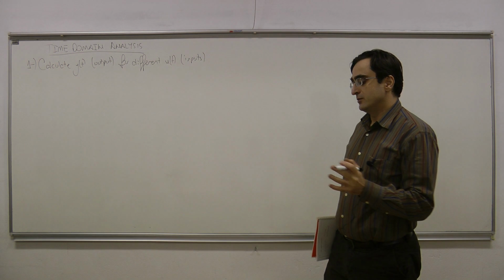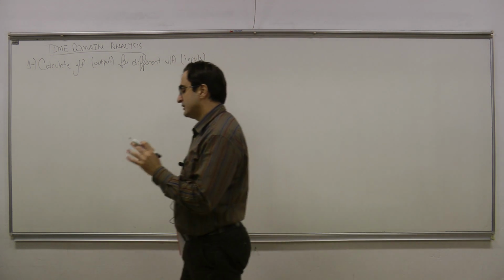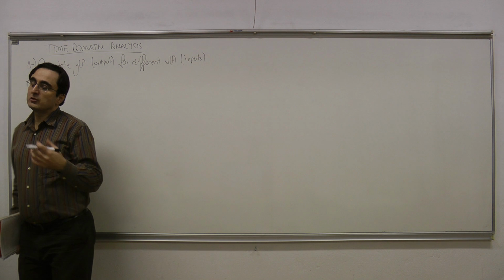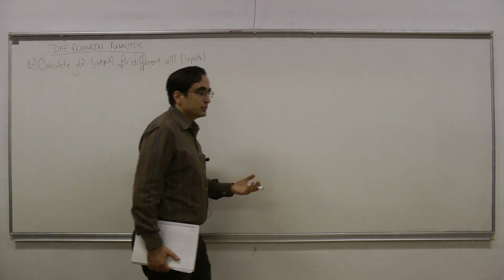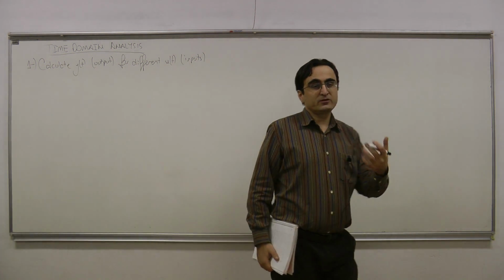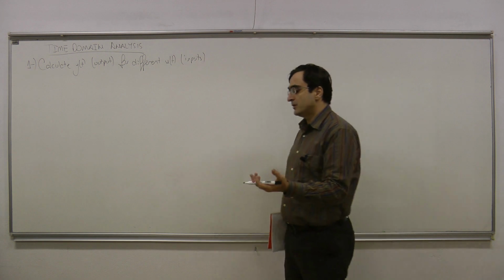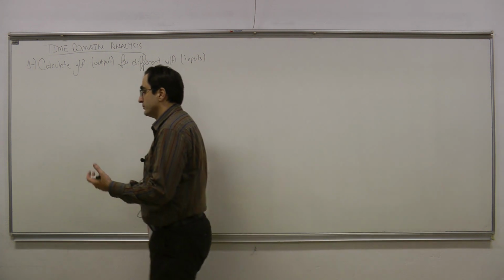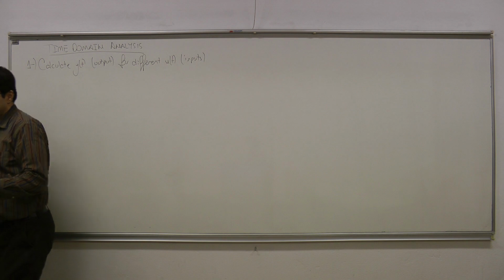So we have a system, it has an input u of t and it has an output y of t. We're going to be asking the question, what would be the output of the system for this specific input? And for the specific inputs, we will use unit step and unit ramp functions.